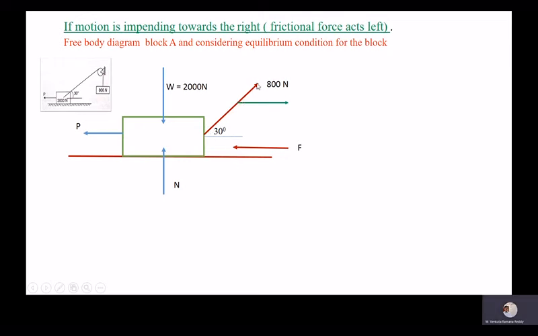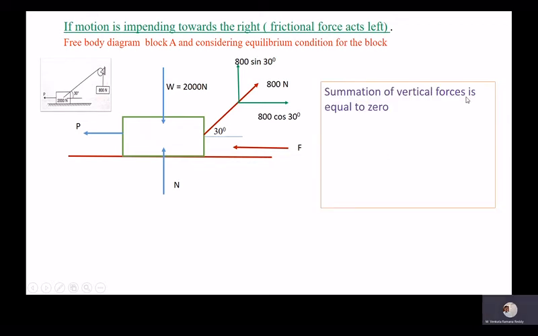As it is an inclined force, we resolve this 800 newton force into horizontal and vertical components. The horizontal component is 800 cos 30, the vertical component is 800 sin 30. Now the equilibrium condition: summation of Fx is equal to 0 and summation of Fy is equal to 0. For the vertical forces, upward forces are positive, downward forces are negative.